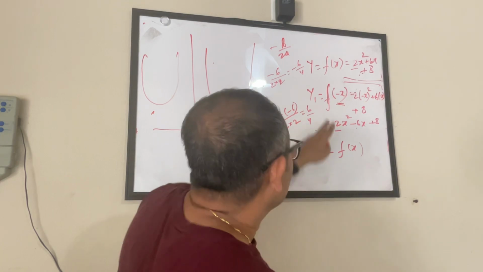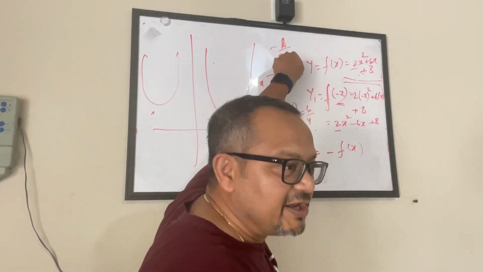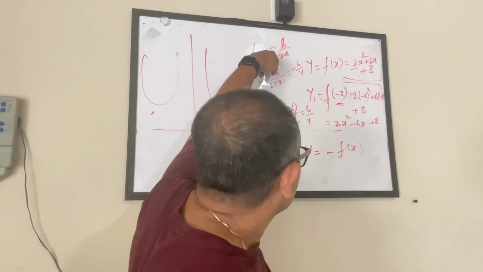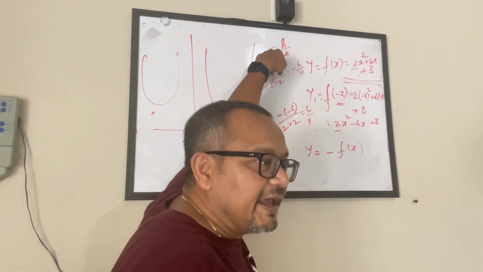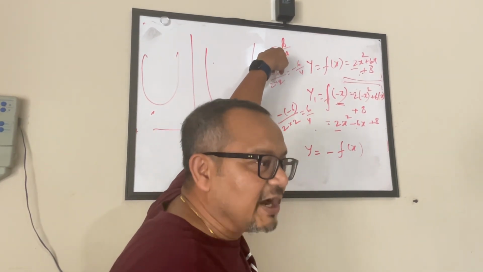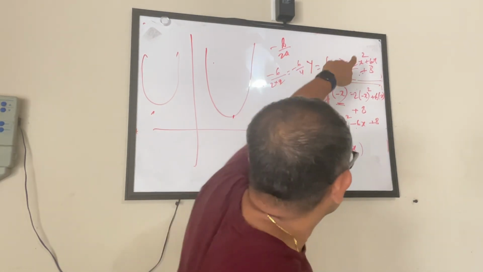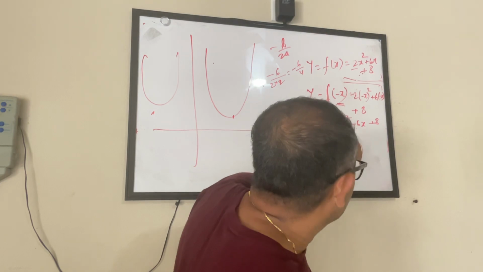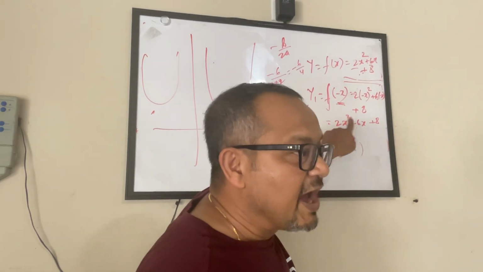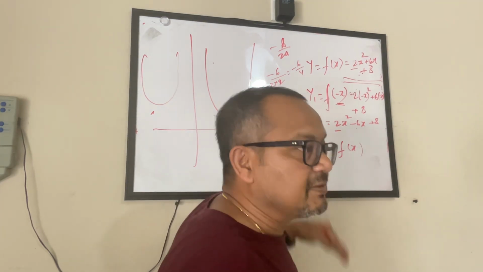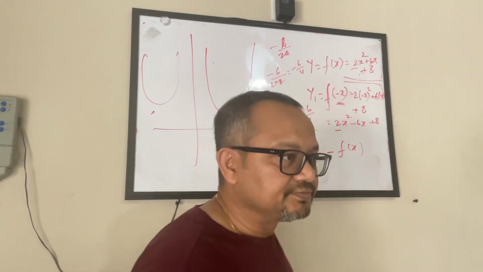I am not doing it because I will do the same thing, minus b by 2a to find out the vertex, and you will see that here the x value will not change. We will have to look at y value actually. You will put the x value in this equation and this equation to find out the corresponding y, and you will see y changes from positive to negative or negative to positive. Okay?